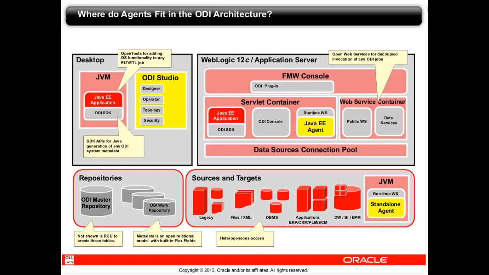And so that's what we're going to do with the standalone co-located agent, which is what we're going to do today. It's standalone in the sense that it doesn't use WebLogic Server, but it's co-located in the sense that it can use some of the libraries of WebLogic Server.